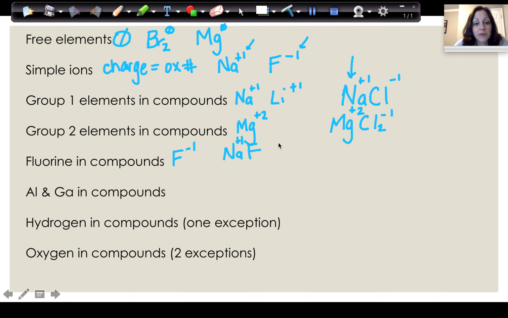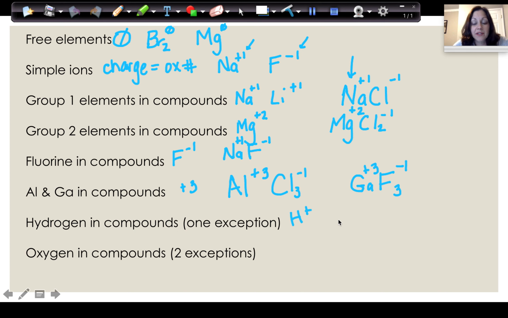Aluminum and gallium only have +3 as a choice in a compound. If aluminum is +3, the compound formula would be AlCl3 when we crisscross and drop the signs, because aluminum is +3 and chlorine is -1. If we had gallium fluoride, that would be GaF3 because of the +3 and the -1.